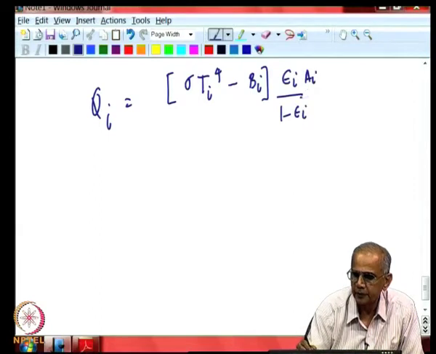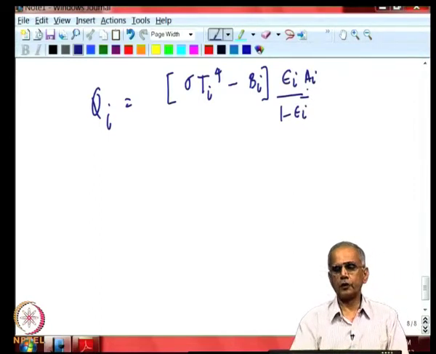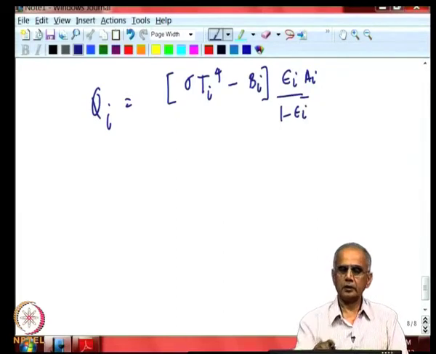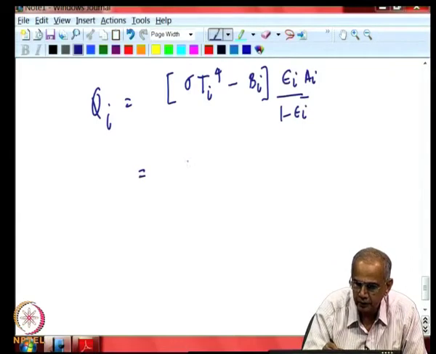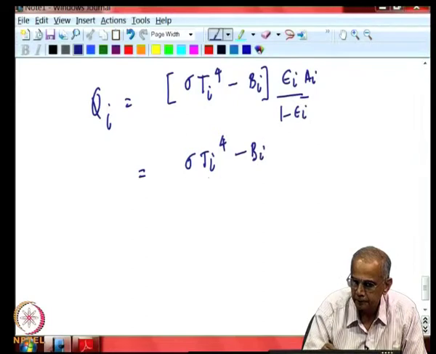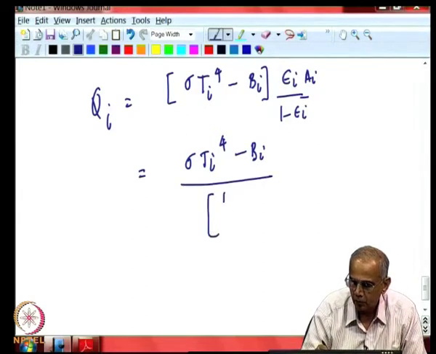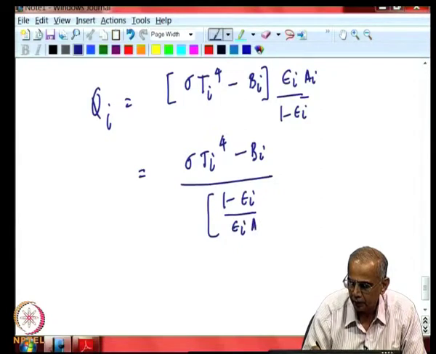Now, this comes by combining the two equations we wrote for Q_i a few minutes back and eliminating the irradiation from the equation. This can be written in a very useful way as 1 minus epsilon_i by epsilon_i A_i.